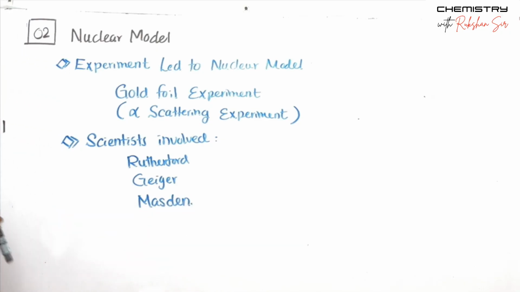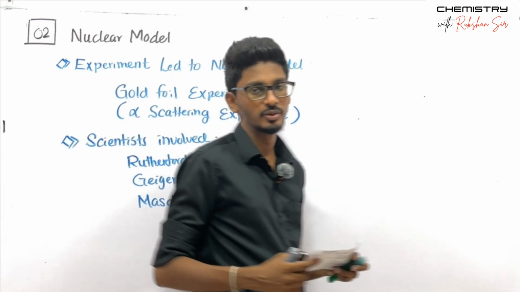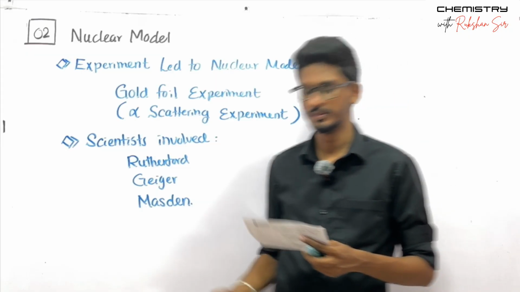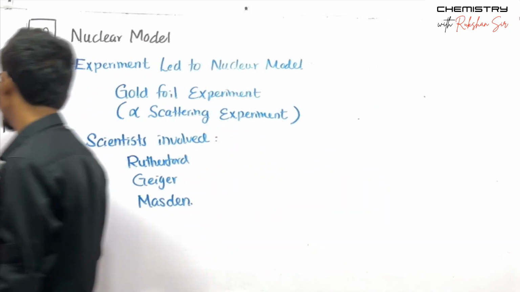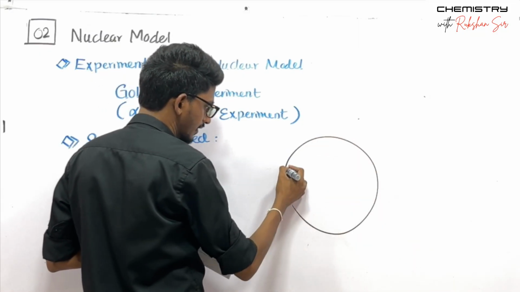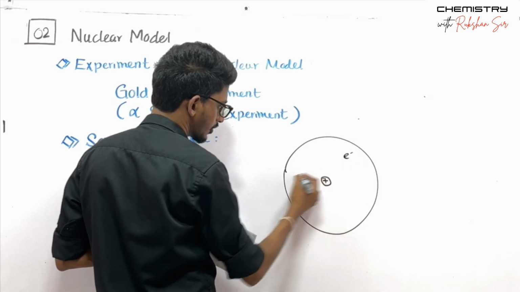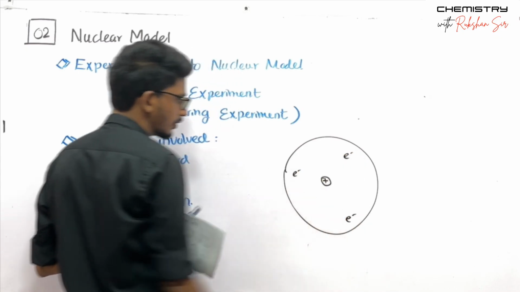Those are the 3 scientists involved with the gold foil experiment, which ultimately led to the first nuclear model. Remember? Electrons are here and there, and the nucleus is at the center.